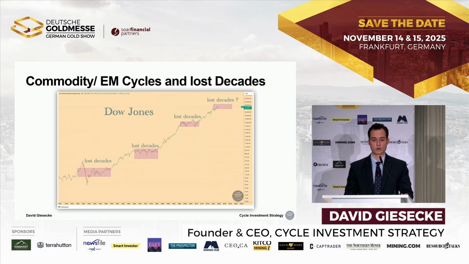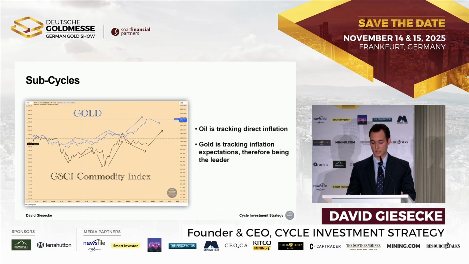What you can do also is break things down a bit into smaller pieces. So we are seeing here the sub-cycles between gold and the commodity space. Here the Goldman Sachs Commodity Index, which is heavily allocated in oil and energy.